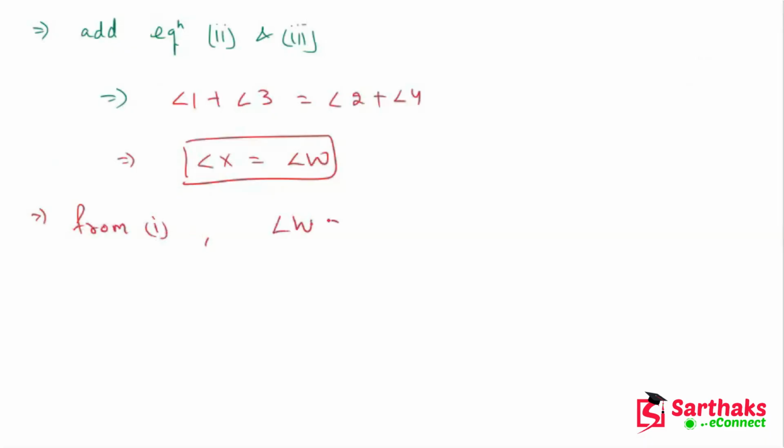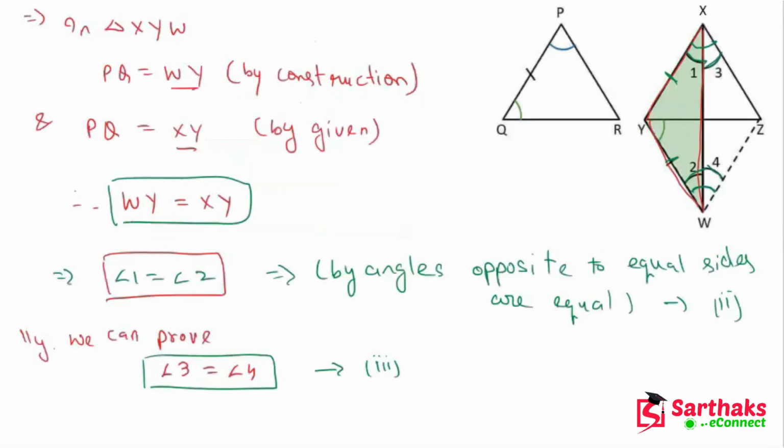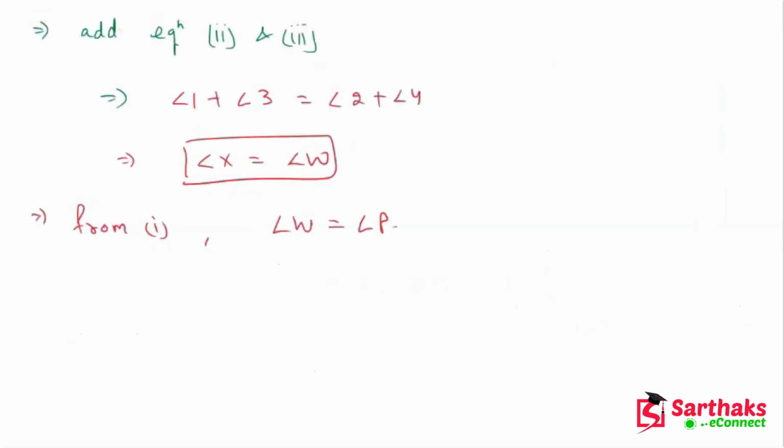We have also angle W is equal to angle P. So we can see that angle X is equal to angle W and angle W is equal to angle P. So from these two equations, we can write angle X is equal to angle P. So this is our fourth equation.